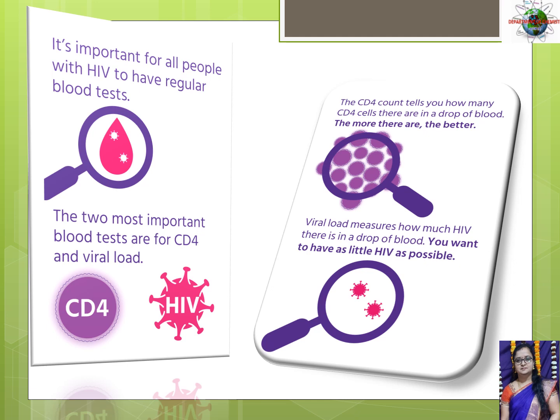The two most important blood tests are for CD4 and viral load. The CD4 count tells you how many CD4 cells there are in a drop of blood. The more there are, the better. Viral load measures how much HIV is there in a drop of blood. You want to have as little HIV as possible.